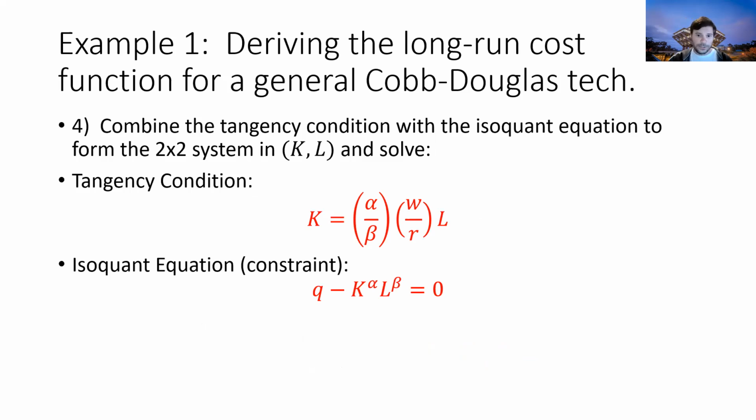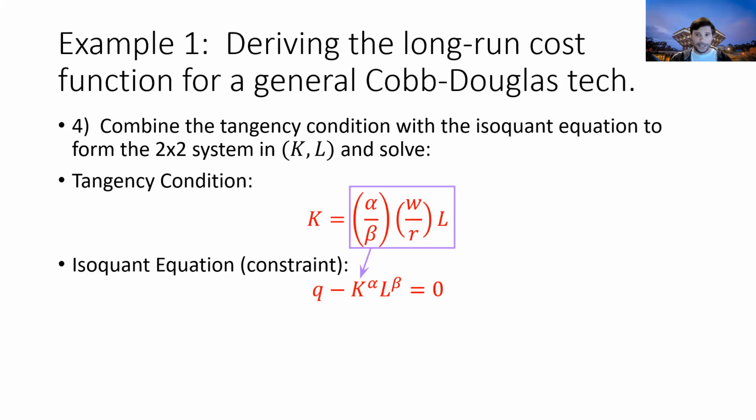All we need to do now is take this expression for capital and plug that in for K below. That will give me an equation where we've eliminated K, and the only variable from our optimization problem left will be L, which we will be able to solve for.